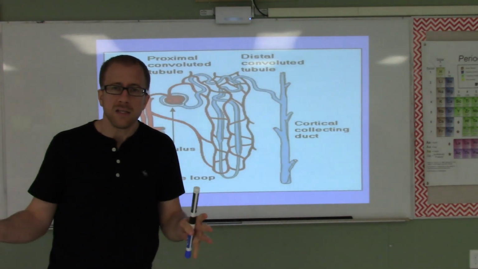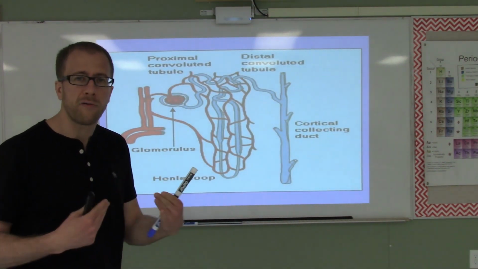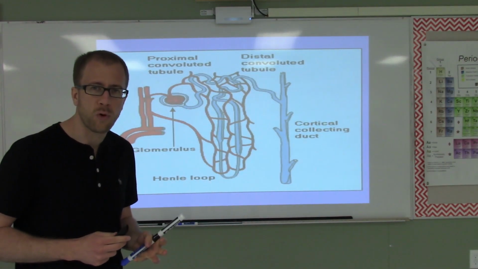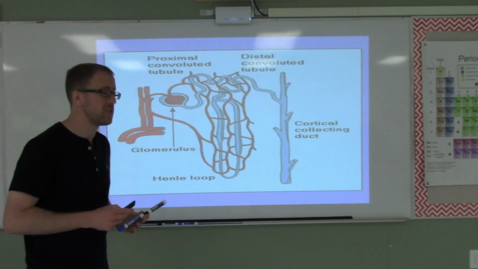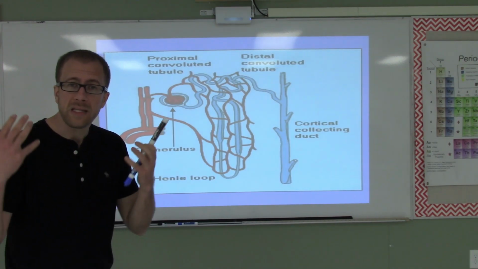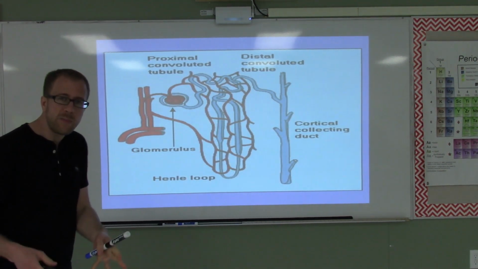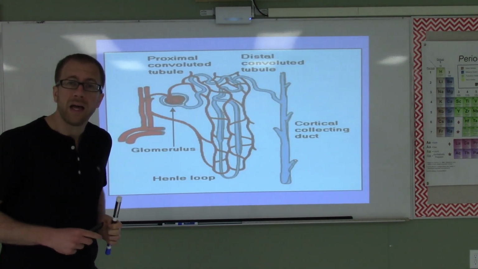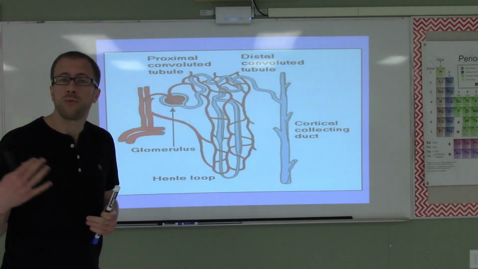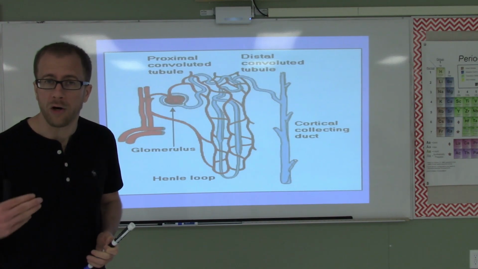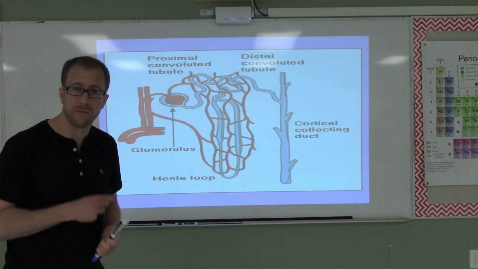And through this, there's a series of passive transport, active transport happening, as well as developing very strong concentration gradients as you get deeper and deeper into the kidney. And all of this is to properly reabsorb water, among other things, from that filtering.